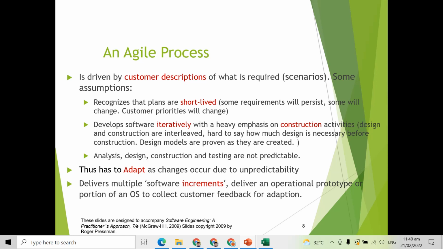It is hard to say how much design is necessary before construction. Design models are proven as they are created. Analysis, design, construction, and testing are not predictable, thus the team has to adapt as changes occur due to unpredictability. It delivers multiple software increments, delivering an operational prototype or portion of the system to collect customer feedback for adaptation.